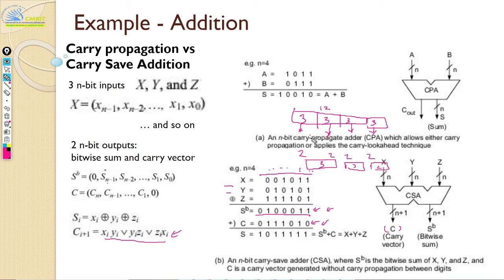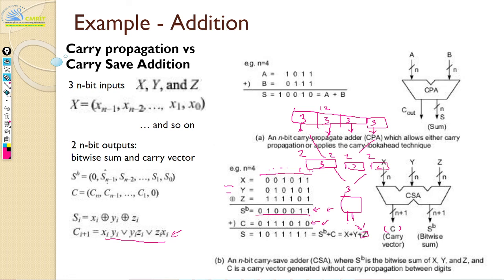So what you're doing is reducing it, but ultimately, when it boils down to 3 inputs, you give them to one CSA and get 2 outputs, and these 2 outputs you give to one final carry propagate adder. At the last stage you use one carry propagate adder and get the final sum.